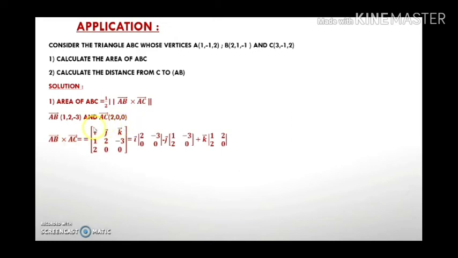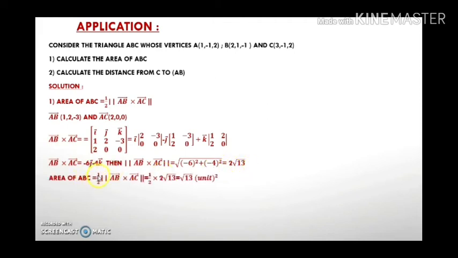Put them in the form of a matrix, starting with i, j, k, AB in the middle and AC, and by calculation we get that AB cross AC is equal to -6j - 4k. Then we need to calculate its norm. It's equal to the radical of (-6) squared plus (-4) squared. It's equal to 2 radical 13. Then the area of the triangle ABC is equal to half this norm. It's equal to radical 13 units squared.